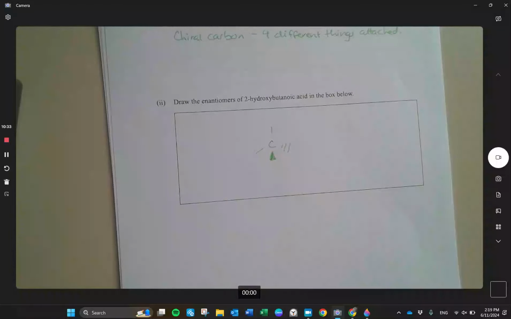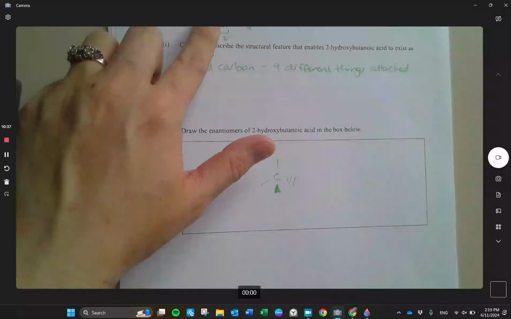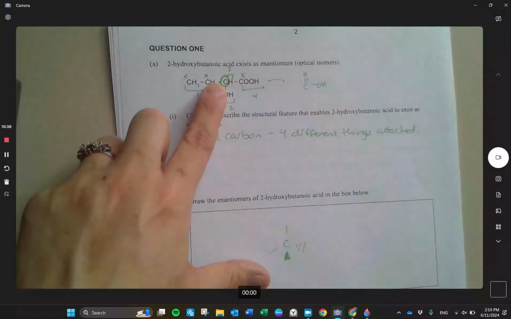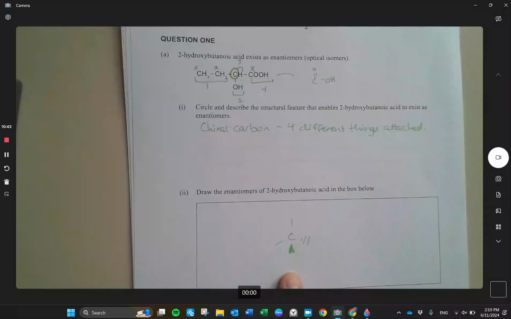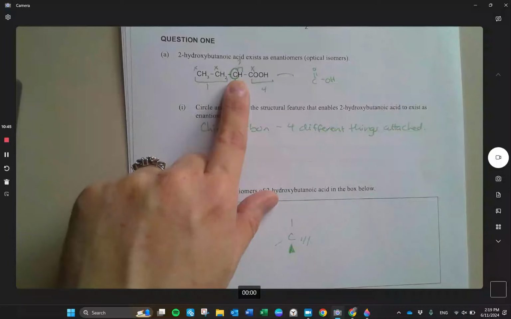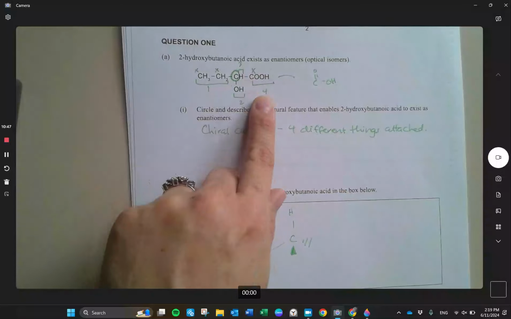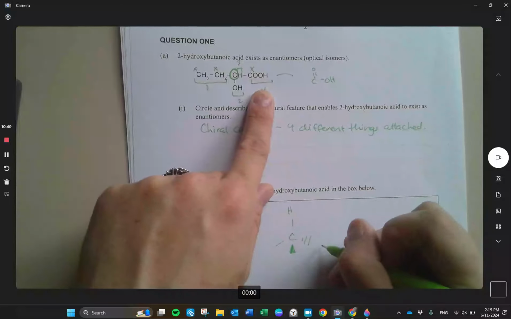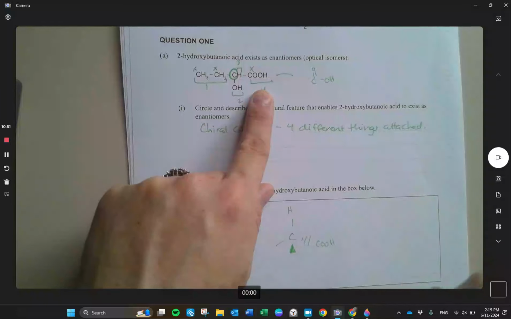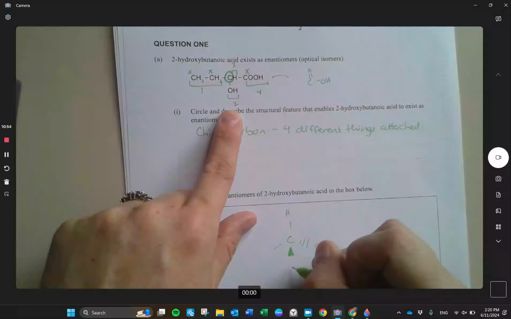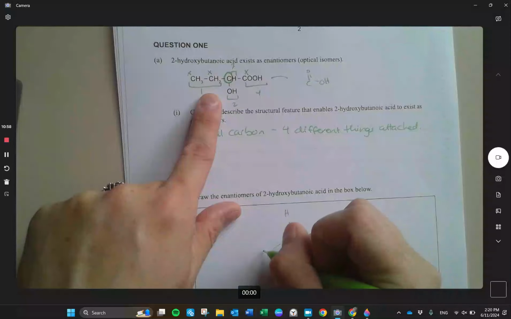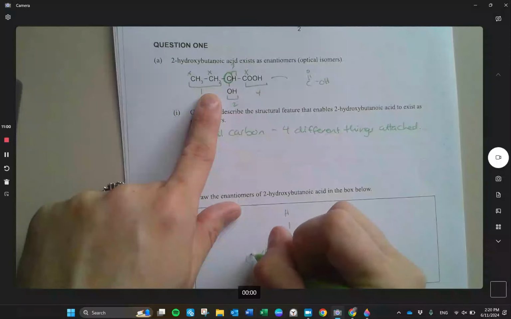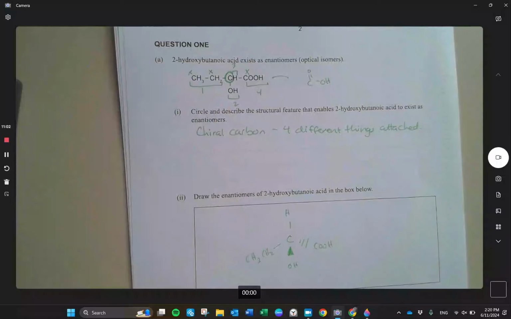If you want to take it one step further, you take this carbon over here and copy down the stuff that's here onto here. It doesn't matter where you place them. So this one's a hydrogen, let's say I put the hydrogen here. This one's my carboxylic acid, I'll put that over here. This one's my alcohol, I'll put it down here. This one's my ethyl, I'll put that over there. That's also correct, but what you're trying to express in this diagram is that it's tetrahedral.